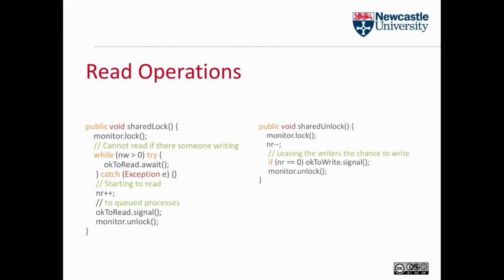If you have at least one writer, then you are forced to wait, so we call wait. Otherwise, you always know from prior assumptions that if I'm waking up, or if I do not enter the while, it means that I can access and continue my computation.